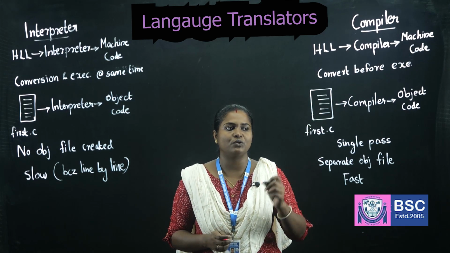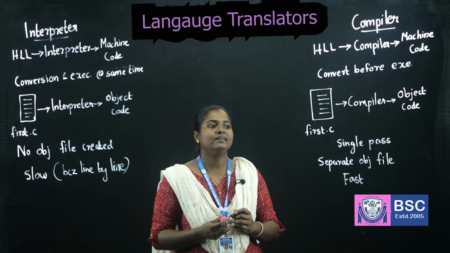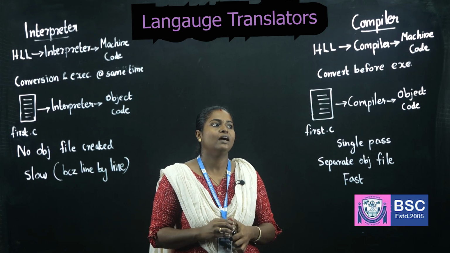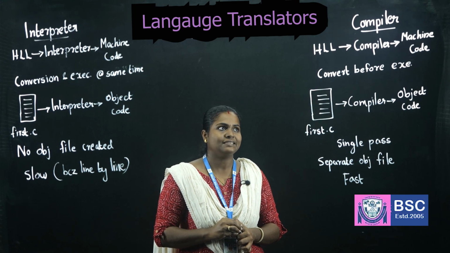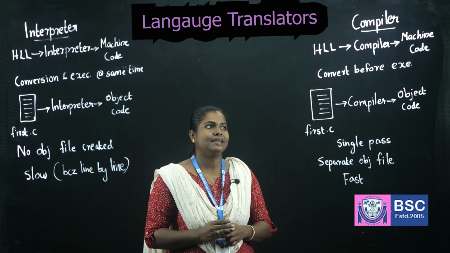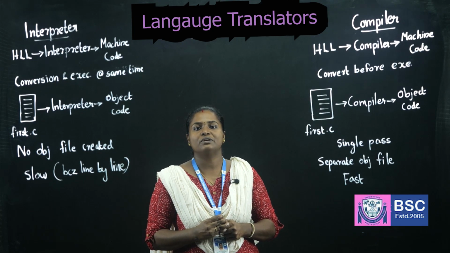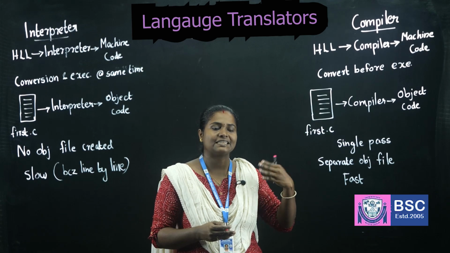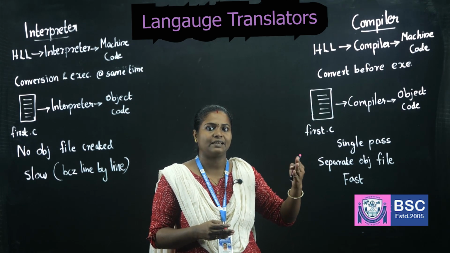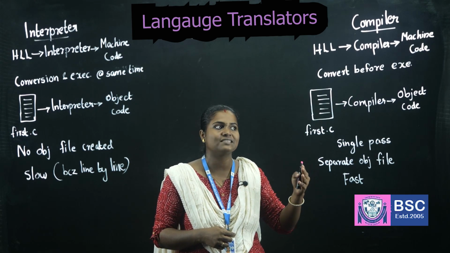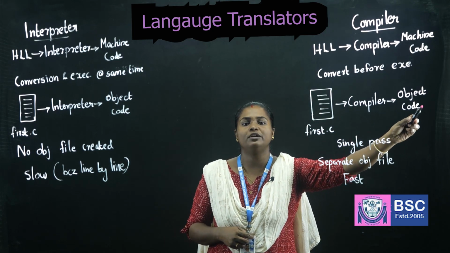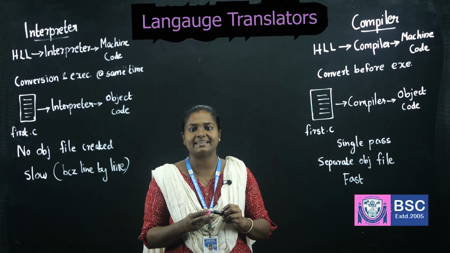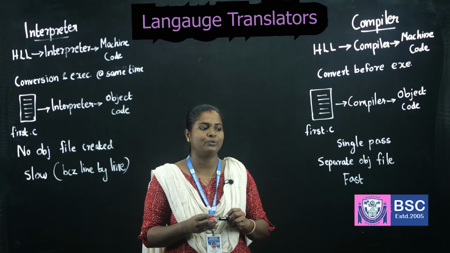So this is my first program, first.c, and after completion of the code, I am going to compile it. At the time of compilation, all lines of the code are considered as one, and it is translated in a single translation into the corresponding object code, which is directly understandable by a computer.